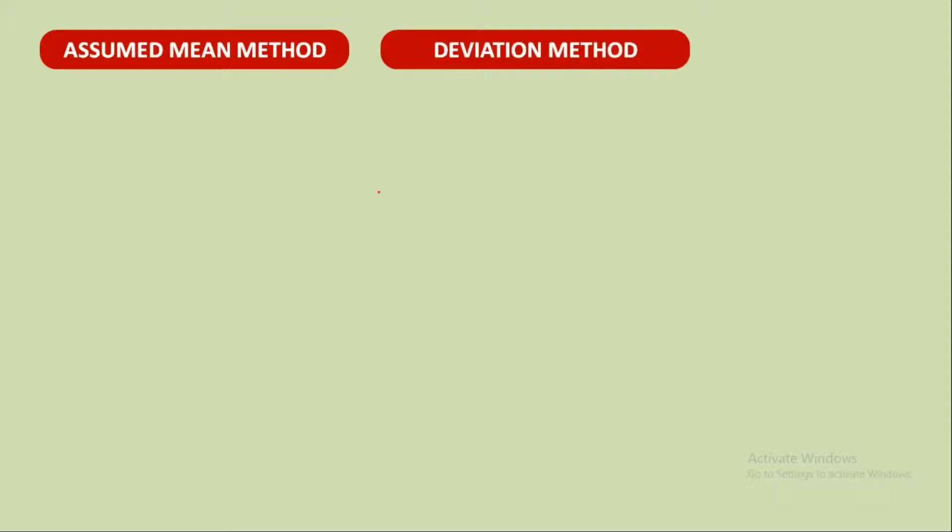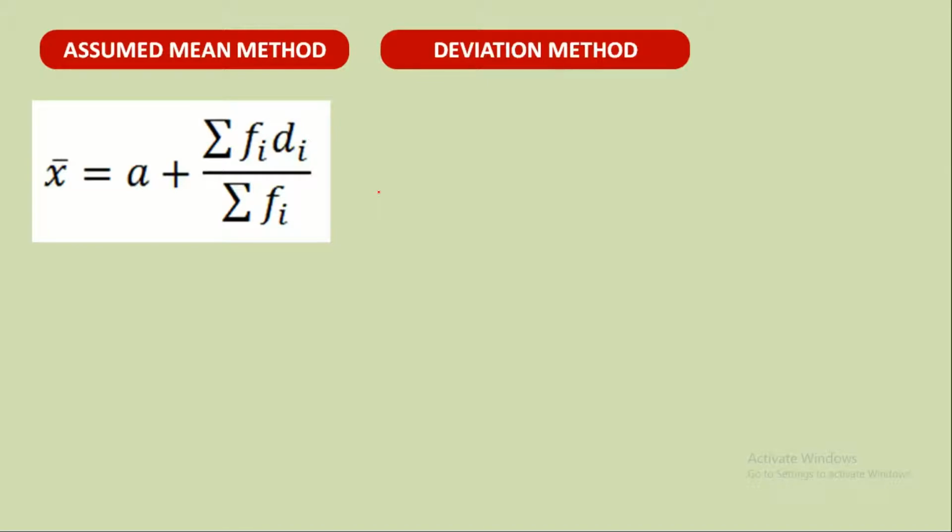And the second one is the assumed mean method or simply deviation method. The formula is like this. Here also, as mentioned earlier, this x bar is nothing but the mean. Here you can see a small letter a, which we call the assumed mean.